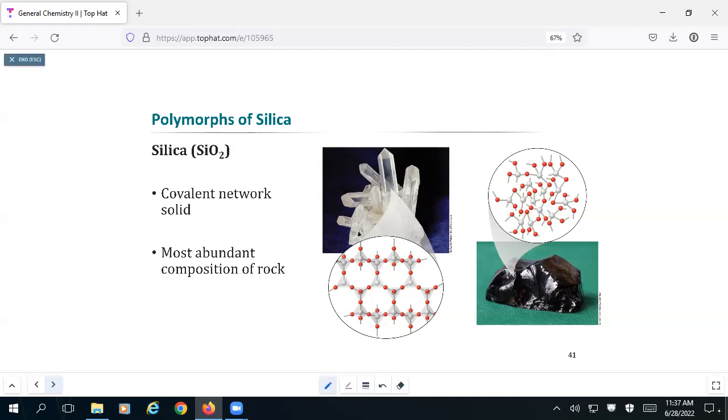We get into other polymorphs of silica, and we can see that if we change that structure, we go from this ordered state to this more disordered state. That optical clarity disappears. It's the same substance, at least compositionally, but structurally there are differences between the two. And that's what's showing itself here through these different pictures of these rocks.